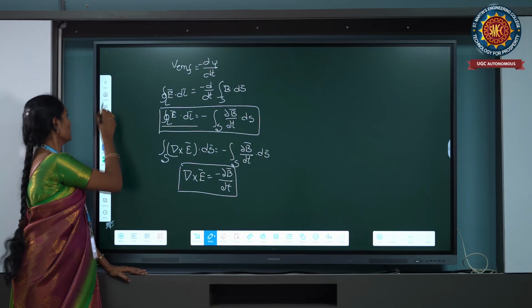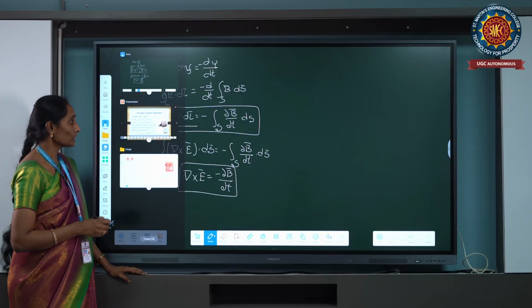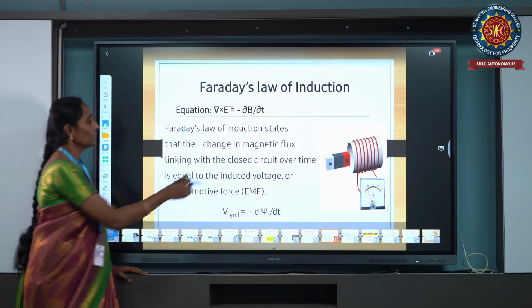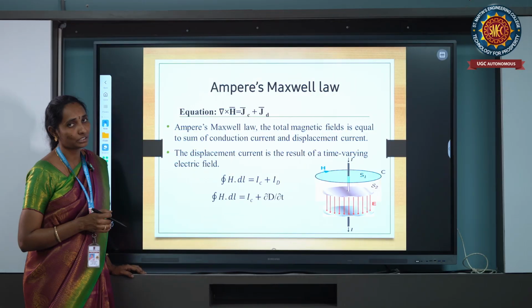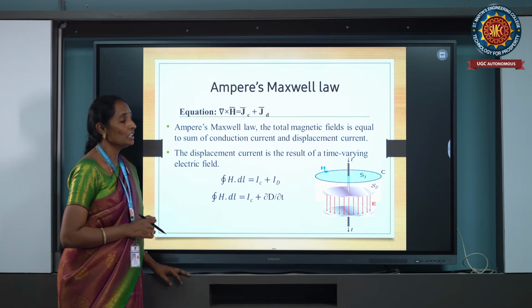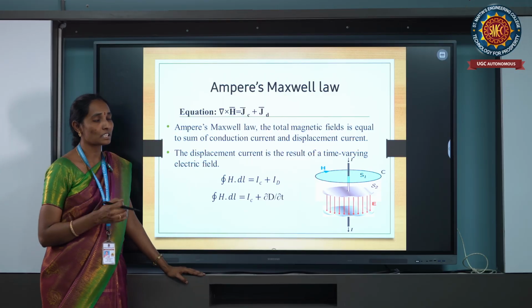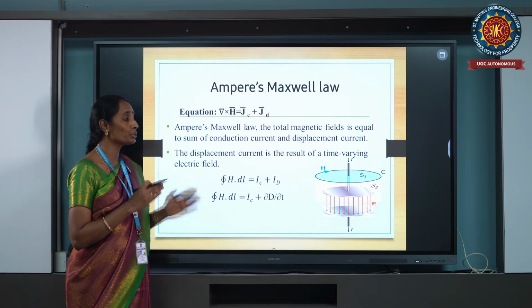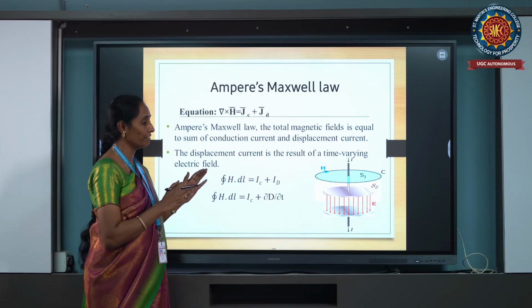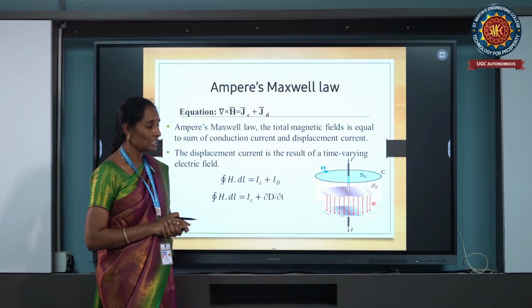Next, the Maxwell equation is derived from the inconsistency of Ampere's circuit law. In the time varying field, when current flows through the conductor, some flux and EMF are produced. Due to that EMF, some magnetic field is produced, and due to that, some current is produced.